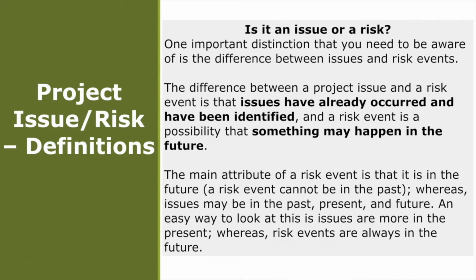So issues we're dealing with now, risks may occur. And that's a radical difference. If you've got an issue, you've got to be constantly working that issue until it's resolved. If you've got a risk, yes, of course you've got to be working that, but it may never happen. So that's a big difference and how you distinguish between the two. I just want to spend a minute to really make sure we're focused on the right things. When we talk about today, we're really talking about issue management.